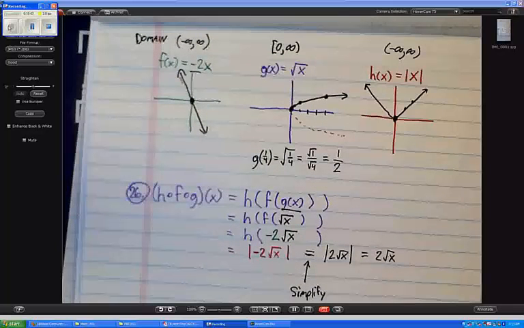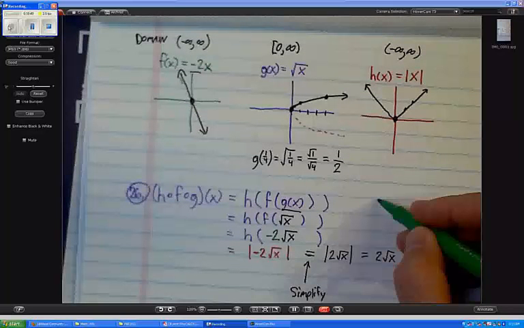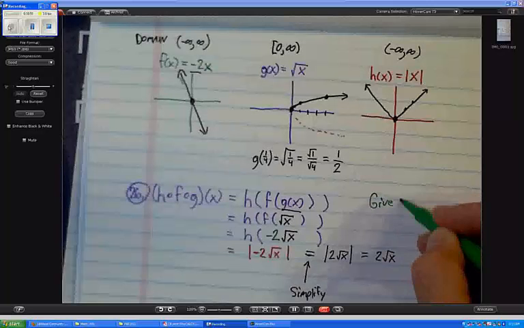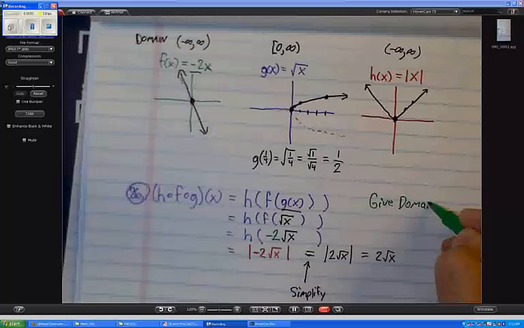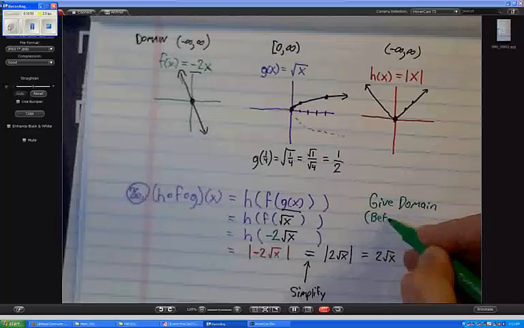Another thing we're asked to do on this problem is give the domain. When you want to give the domain of a composition of functions, look at the form before you simplify, because sometimes it makes a difference.